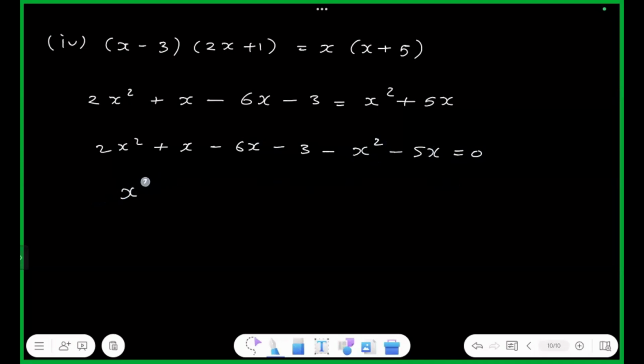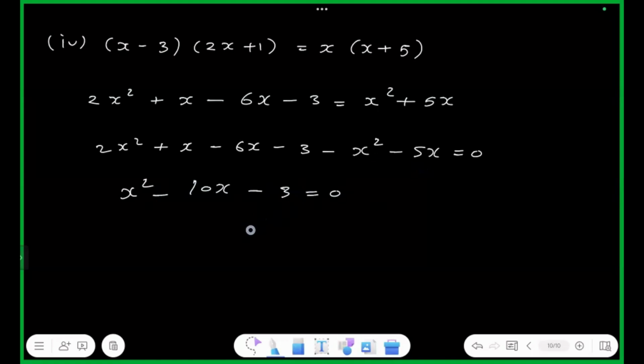Okay, so x square, here we don't have any coefficient, so it is 1. Plus x minus 6x and minus 5x. So minus 6x minus 5x is minus 11x, plus x. So it will be what? Minus 10x. Okay. And then minus 3 is equal to 0.